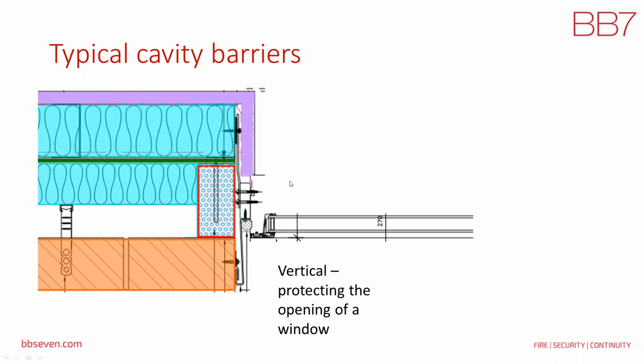Now the risk is that you get a fire in the accommodation, the window can break, and fire may be able to get into the cavity from the side. So the cavity barrier is providing 30 minutes integrity and 15 minutes insulation. Again, this one is fully compressed, about 10 millimeter, and it's been mechanically fixed back to the sheathing board.